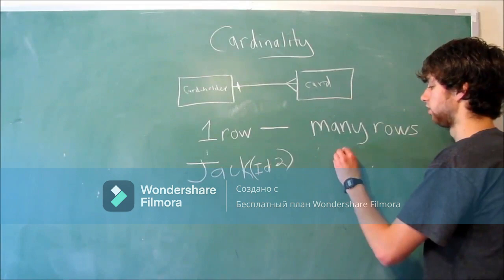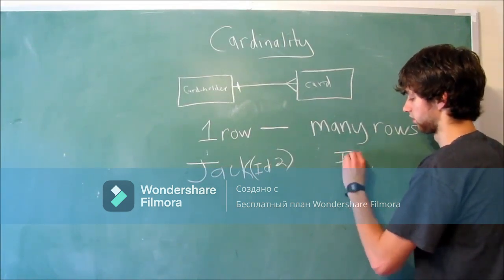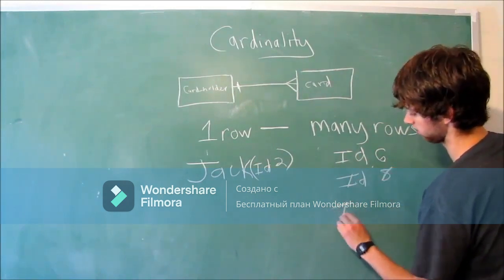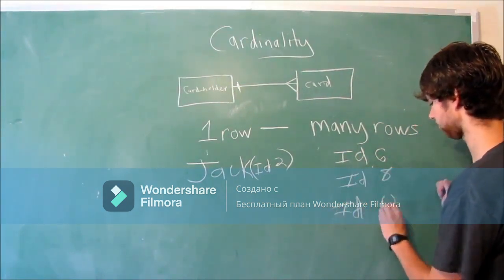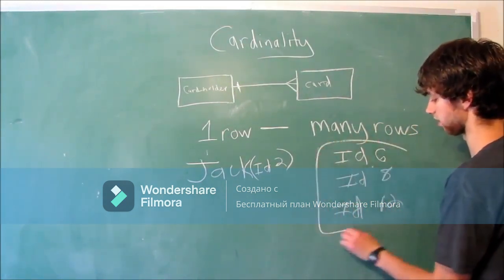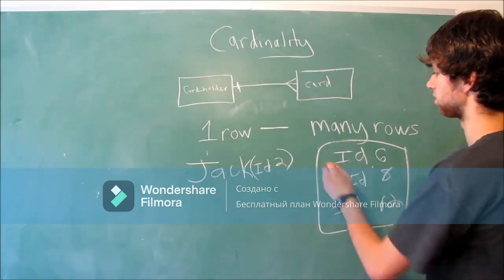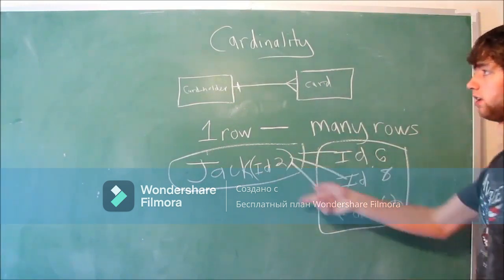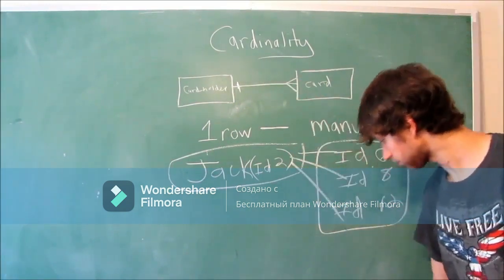We could have a card with the ID of 6, ID 8, ID 12, and you can see this guy has a lot of credit cards. So all of these rows can be connected to an individual row within the card holder table.